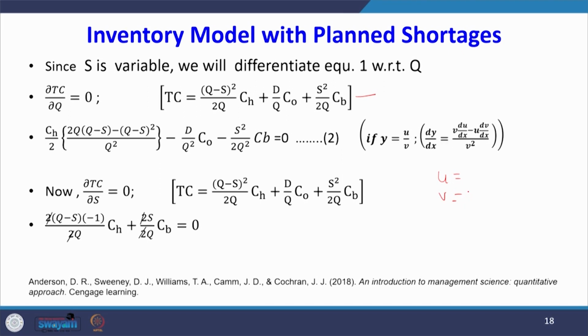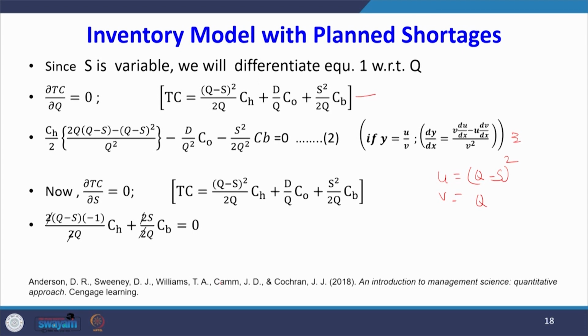Here the value of u is Q minus S whole square, the value of v is Q. Okay. So, when you use this formula for differentiating, CH by 2 is the constant, which I have taken to the left hand side.